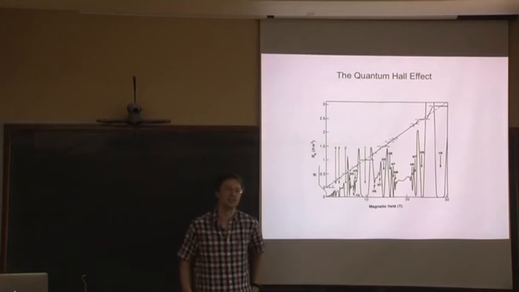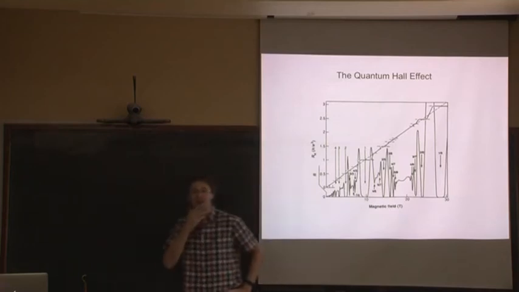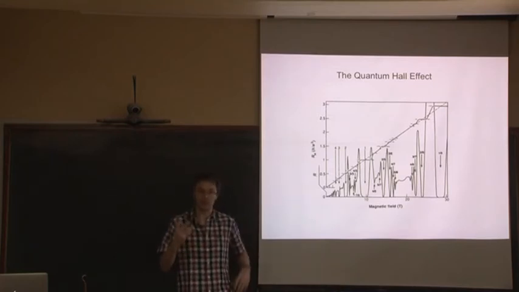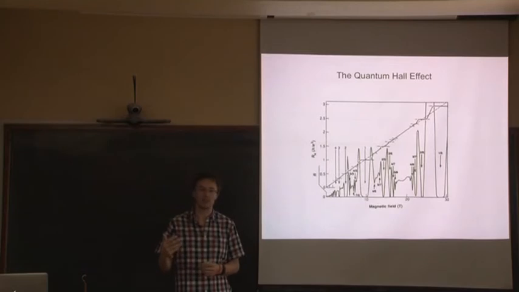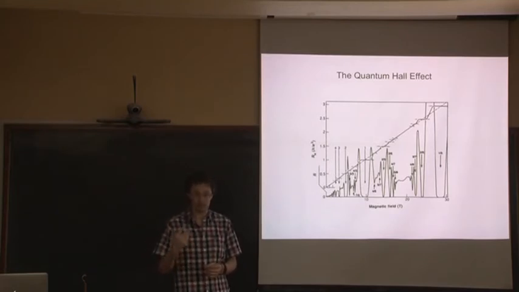Lots of you will be coming to these lectures, so you basically know as much about the quantum Hall effect as I do by now. But the reason I got interested in it is because it's this beautiful bit of experimental and theoretical physics that includes many of the highlights of theoretical physics from the past 30 years.